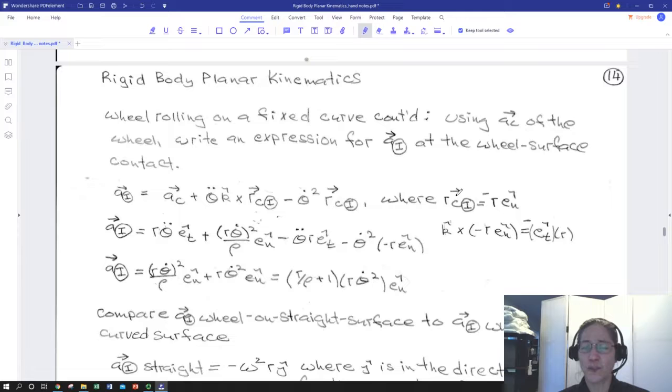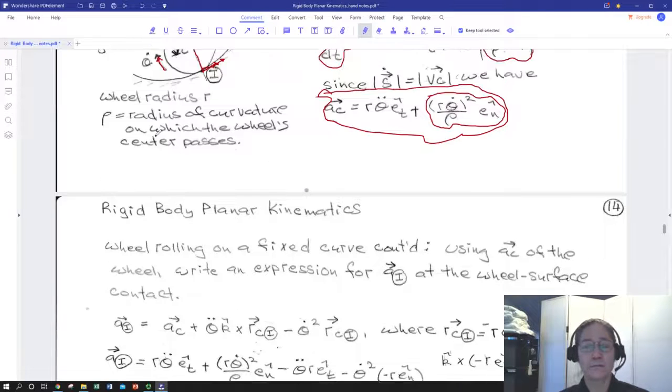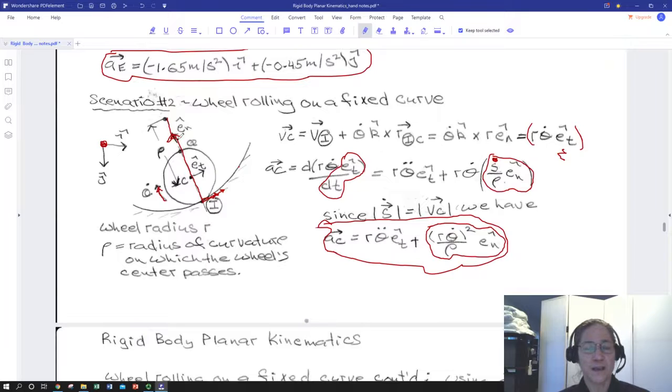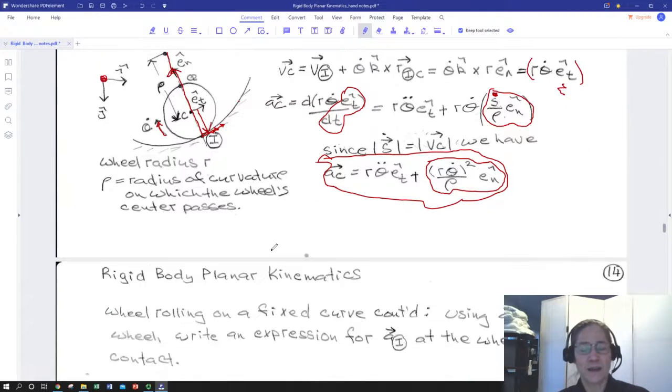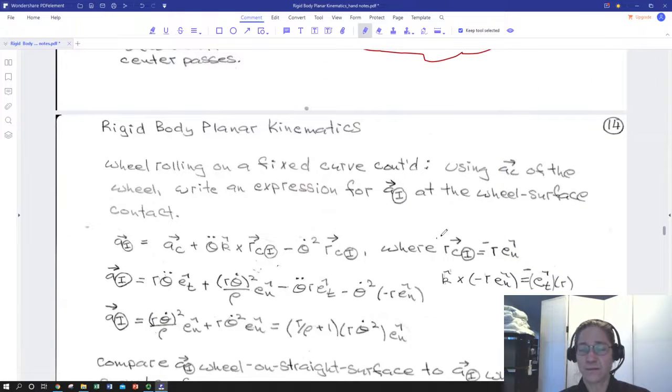And in the case of what we have here, a radius from C to I, let's look back at our signs. n hat, our normal unit vector, is pointing away from C. So if we have a radius vector from C to I, it's going to be in the negative e sub n direction.